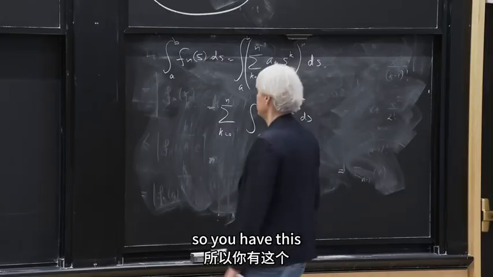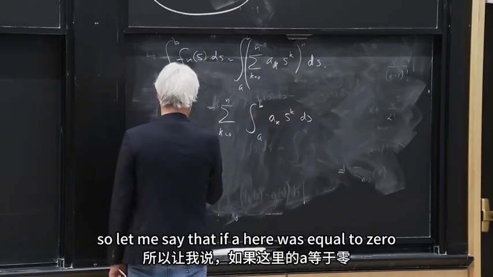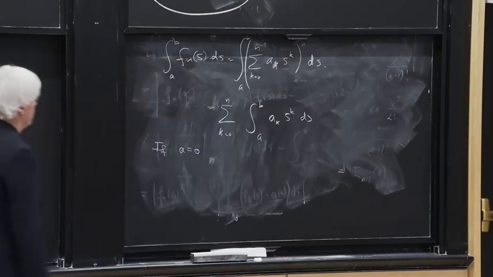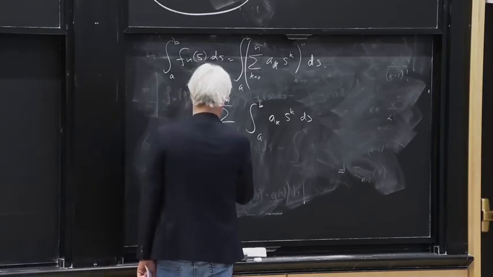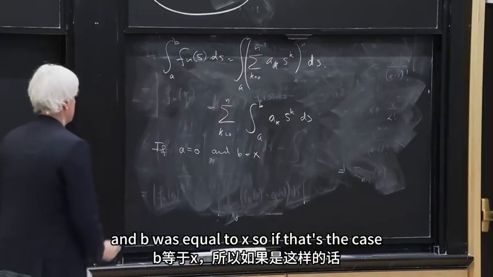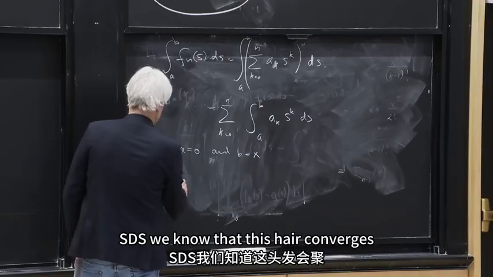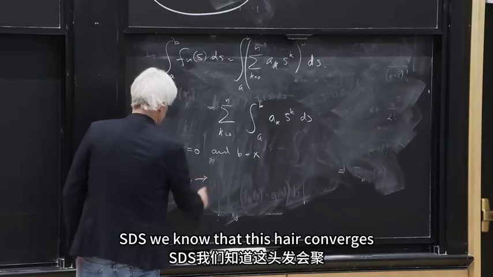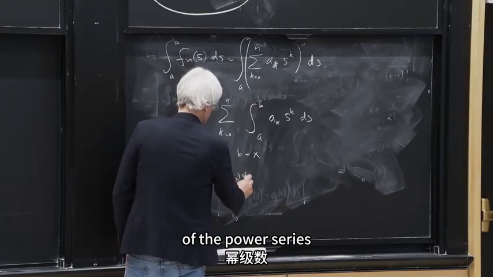So let me say that if a here was equal to 0 and b was equal to x, and you're looking at this integral from 0 to x of f_n(s) ds, we know that this here converges to the integral of the power series.